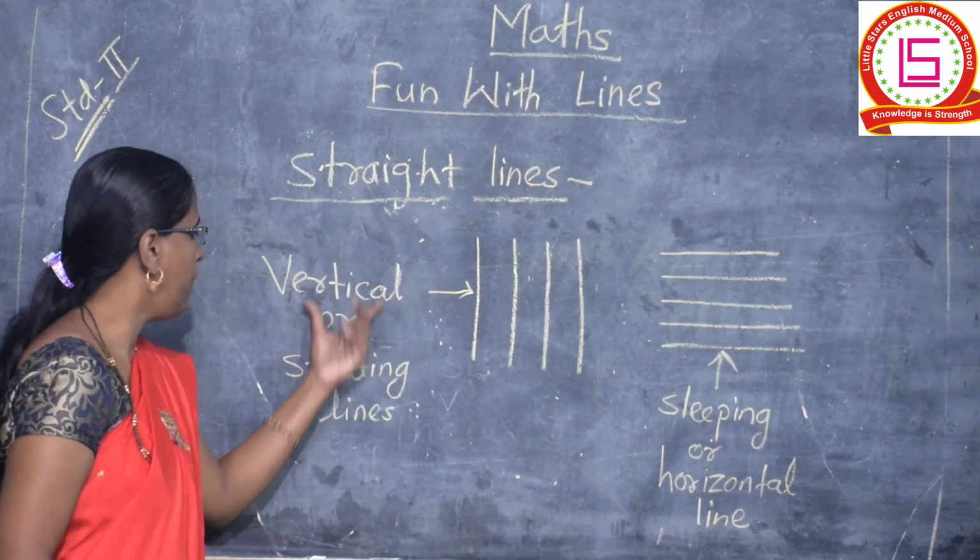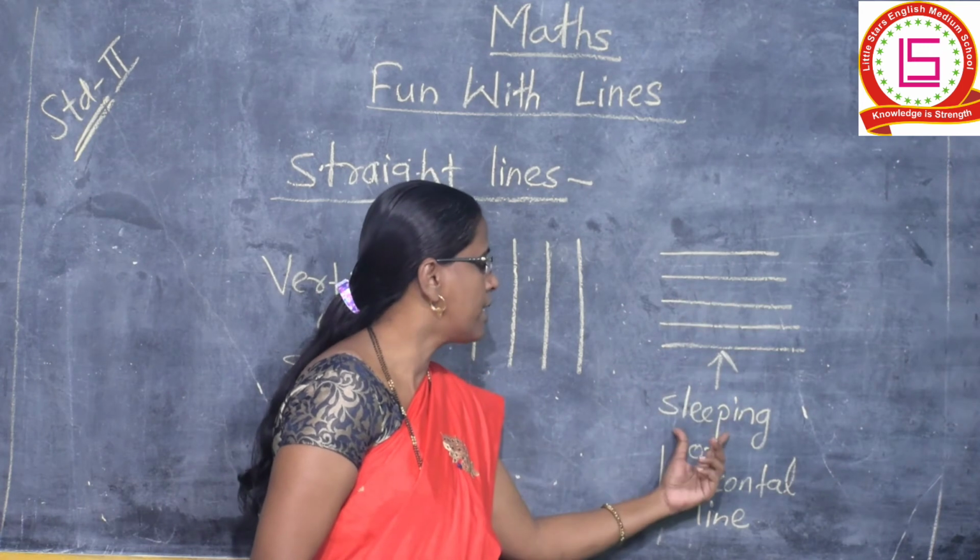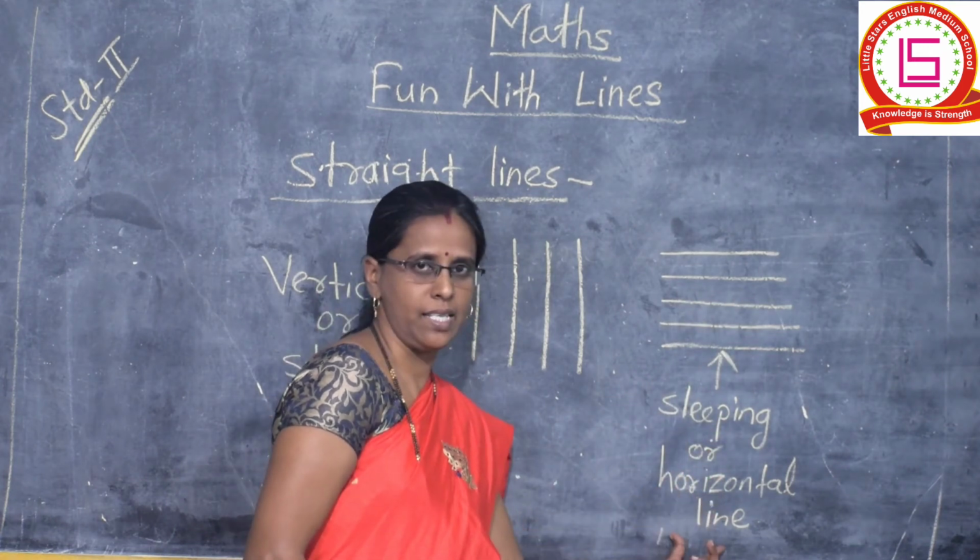First we saw vertical or standing lines, and then these are called sleeping or horizontal lines.